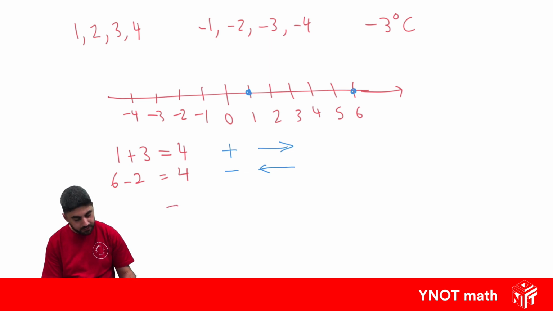What about minus 1 plus 4? Well, that just means we start off at minus 1 and we go 4 places to the right. So if we start off on minus 1 and go 4 places to the right, 1, 2, 3, 4, we end up with 3.